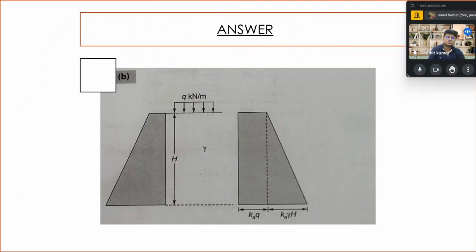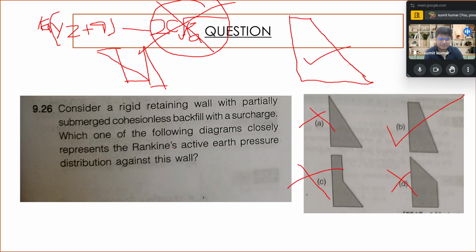Okay, so they have only drawn the diagrams, they have not discussed the thing, so that's the understanding I want to give. That's why I did this. Sometimes the method of elimination works, because some people get confused between options B and C. Many people write the answer for this problem as C. I don't know what they think, that up to a certain depth there will be no weight of the soil.